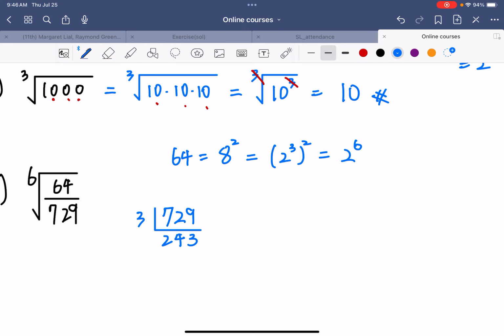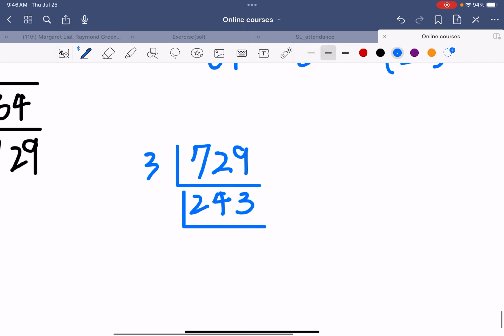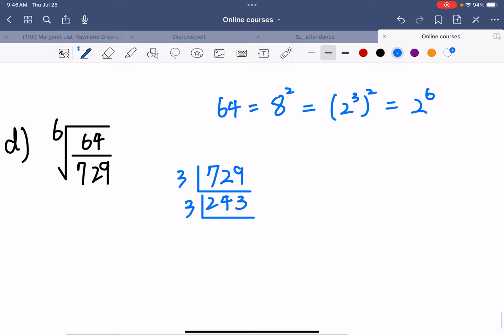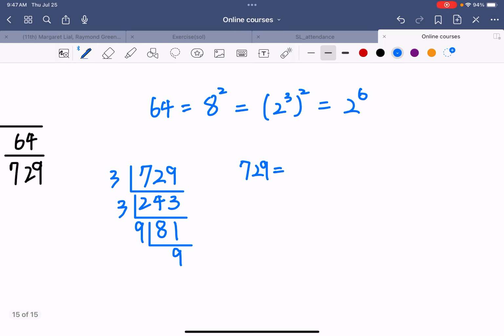Then for the next part, we'll keep using 3 because 3 looks like one of its factors. So 3 times 8 will be 24, and 3 times 1. And here we know that 81 is actually the square of 9, right? So we can just write 9 and 9 here. So we do the calculation here, multiply everything here. So we got 3 squared because we got 3 here, and we got 9 squared here.